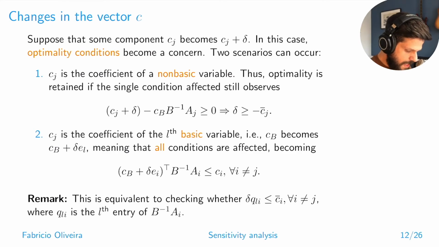So basically Cj is changing, and we have to look at all coefficients associated with all the other variables i, to make sure they are not causing a change in the current basis configuration.